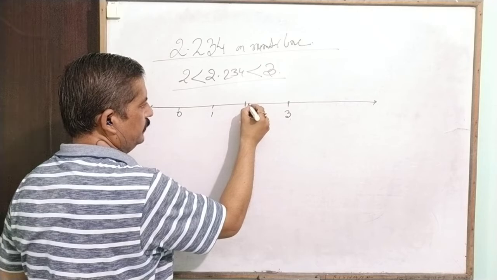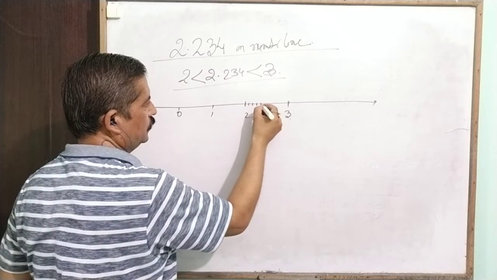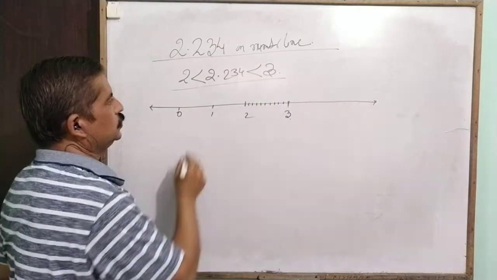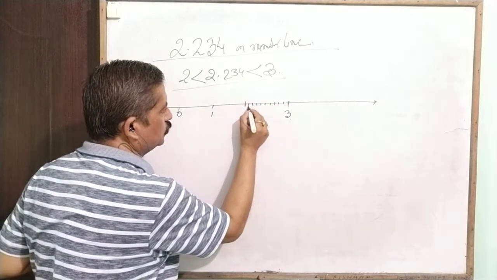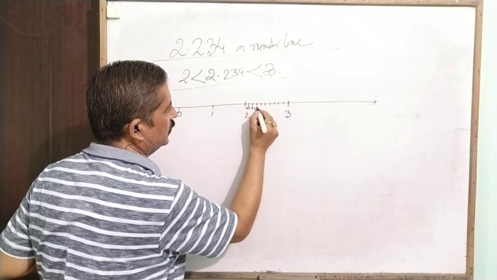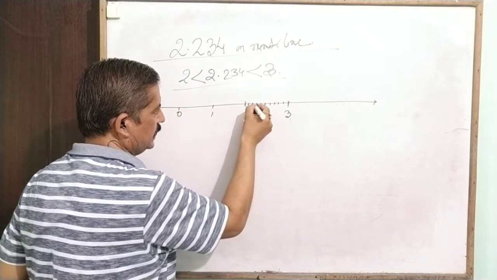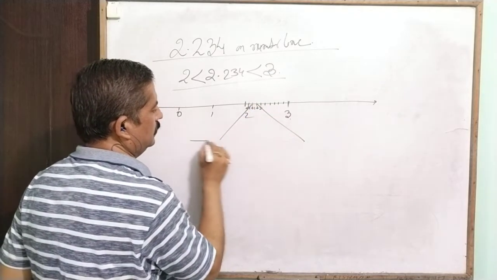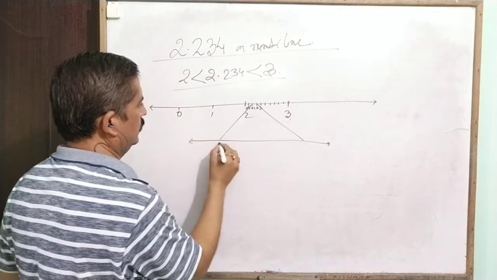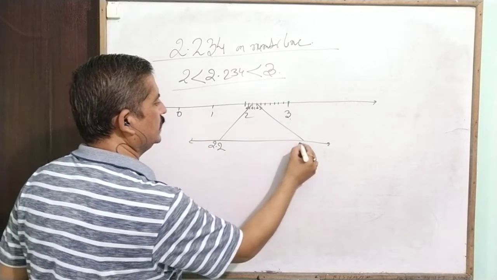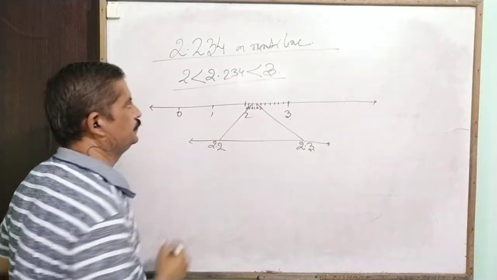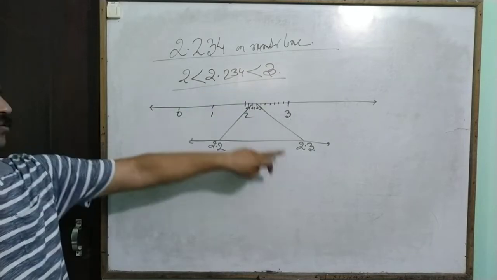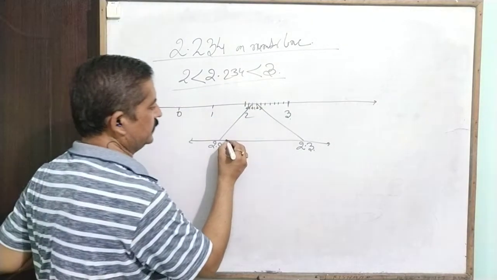If you divide it into 10 parts, 1, 2, 3, 4, 5, 6, 7, 8, so 2.1, 2.2, 2.3. It means the number lies between 2.2 and 2.3. Because it is greater than 2.2, it lies between 2.2 and 2.3, and again we divide it into 10 parts.